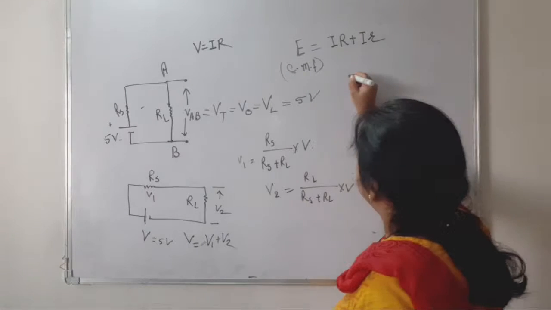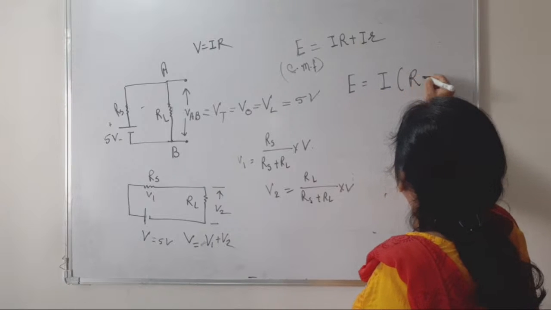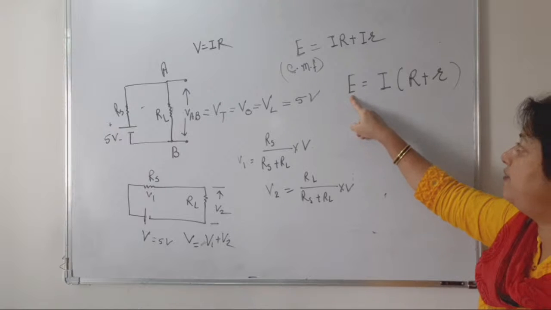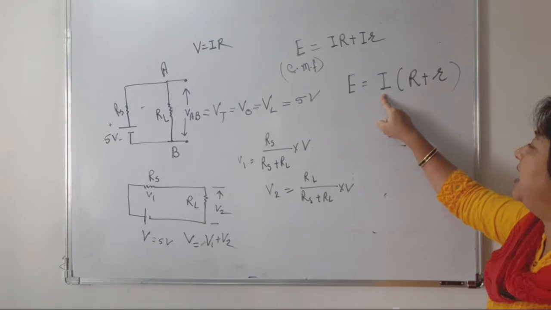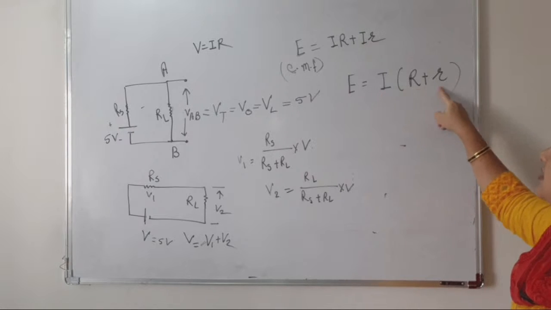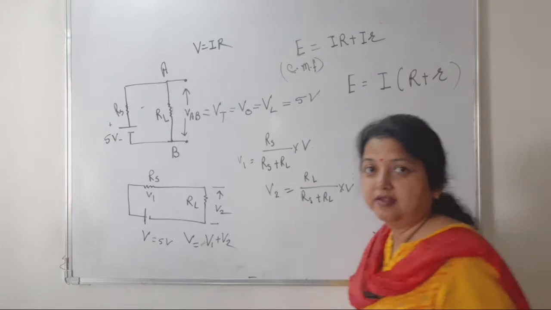Therefore, the general equation of Ohm's law says E is equal to I into capital R plus small r, where E is the EMF of the cell, I is the current due to that cell, capital R is the external resistance and small r is the internal resistance of the cell.